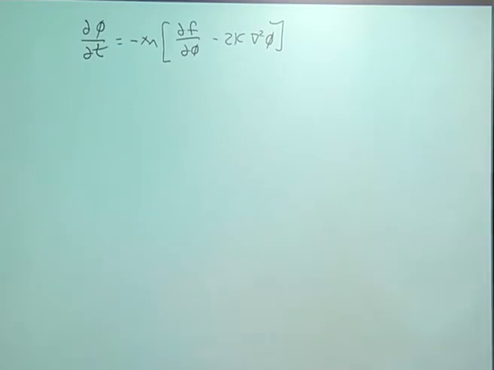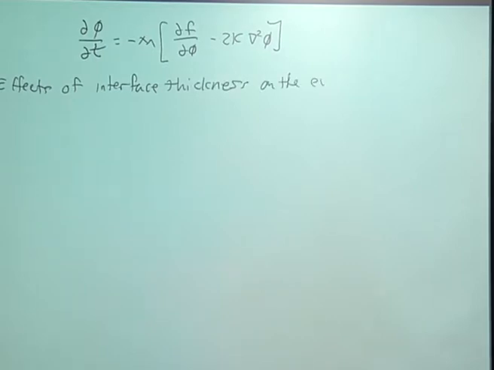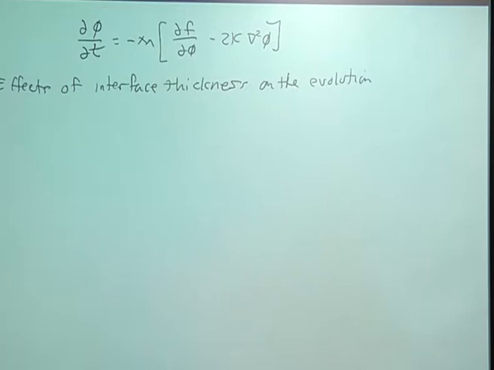So the effects of interface thickness on the evolution process, because that's a very important aspect of this whole phase field model. And then we want to talk about the connection to sharp interface.